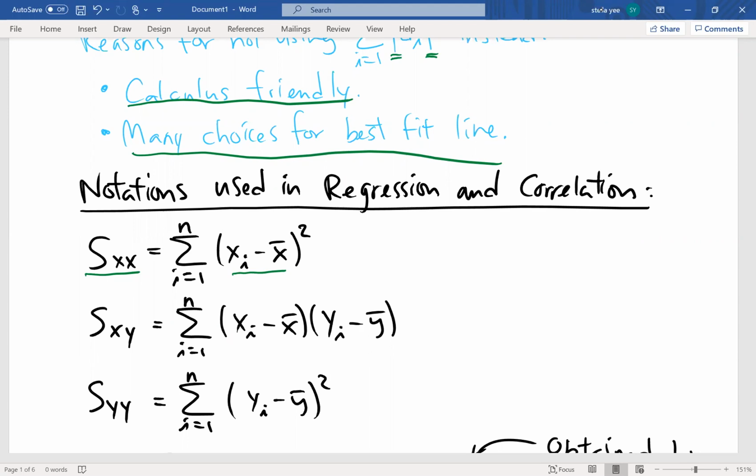Notice that this is very close to the formula for the variance of the variable x. If I take this and divide by n minus 1, this would be the sample variance of the data set.